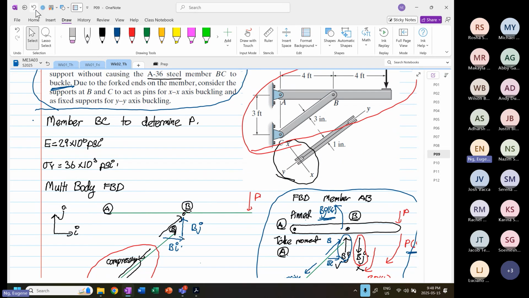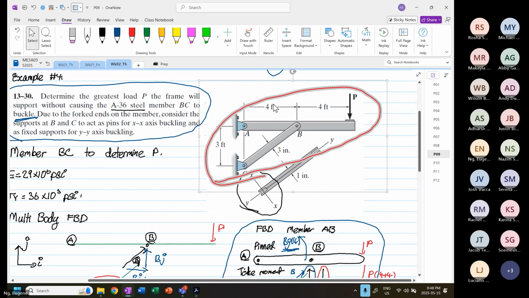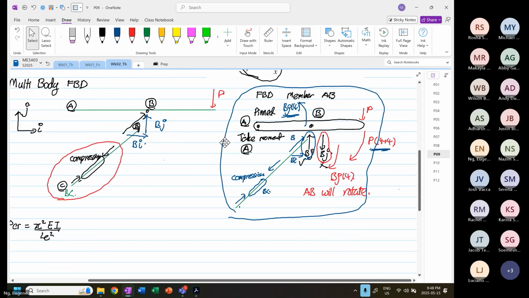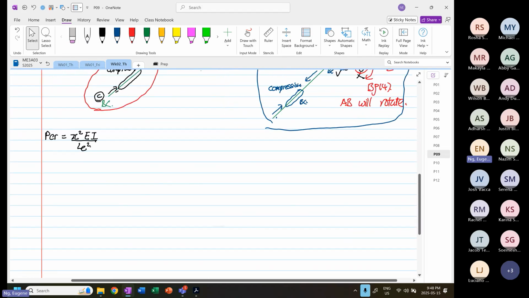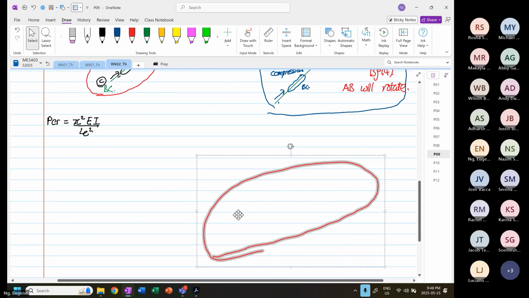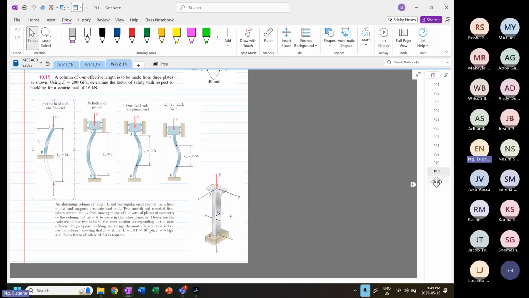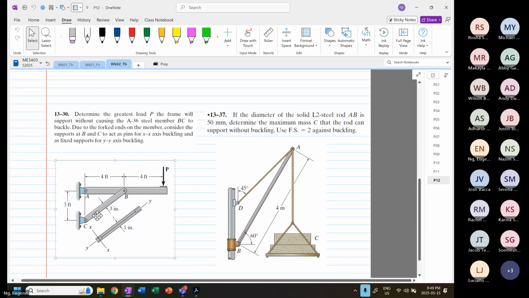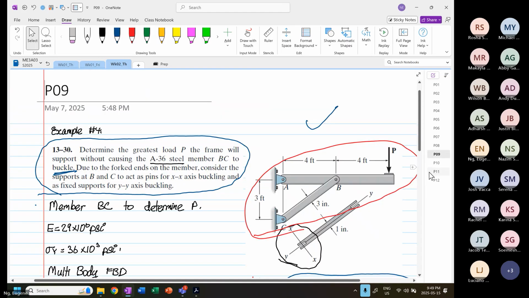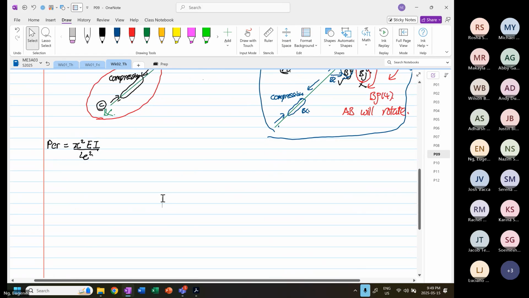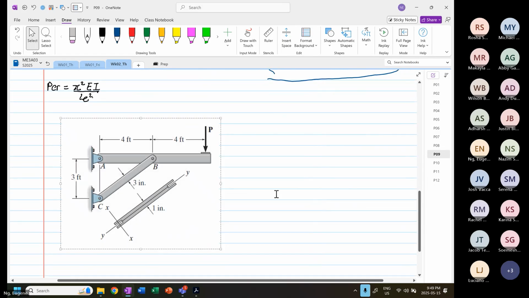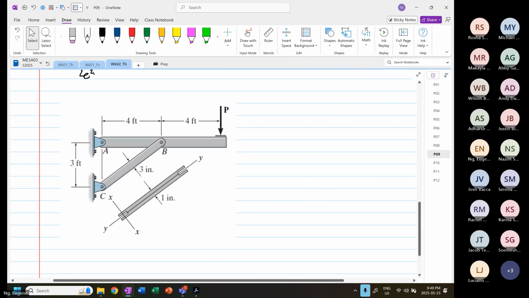Now I'm going to take this diagram. We're going to analyze this diagram now. So we are going to analyze buckling.